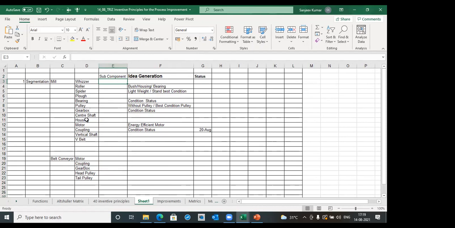First, you have to write down the ideas you are going to get for the individual system or individual part. Then you need to see whether the ideas are feasible or not.